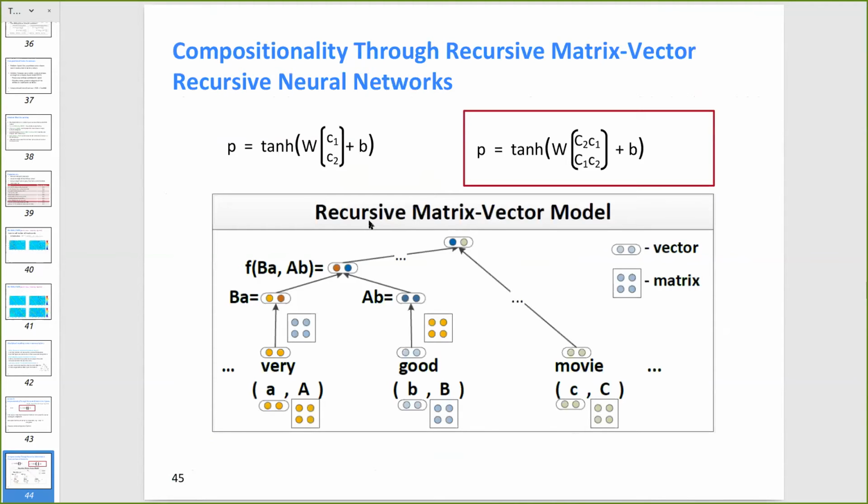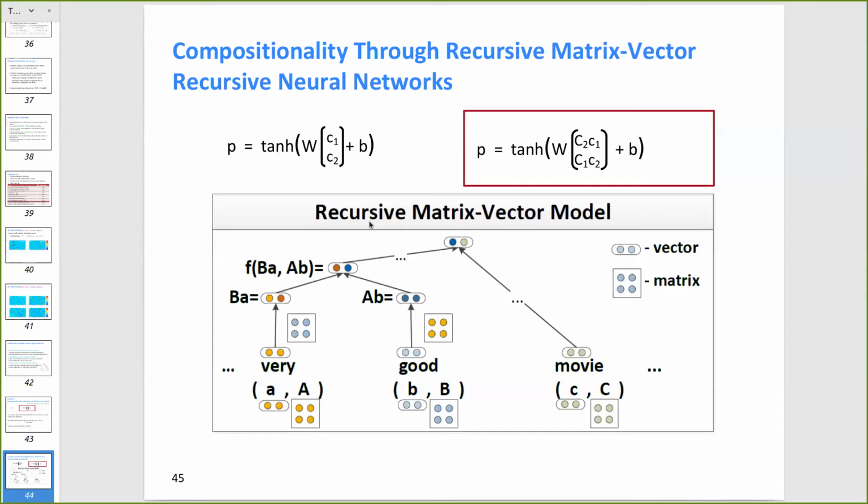This variant is called the recursive matrix vector model. How this is different is that for every word, you not only have its vector representation, but also a matrix representation.